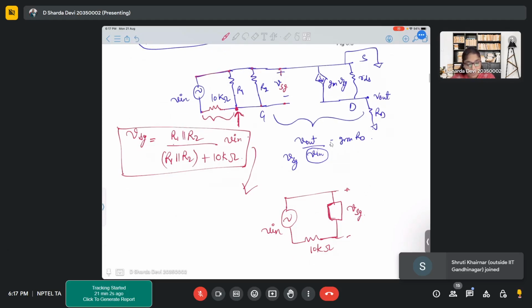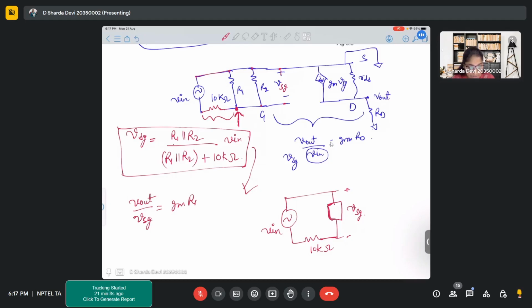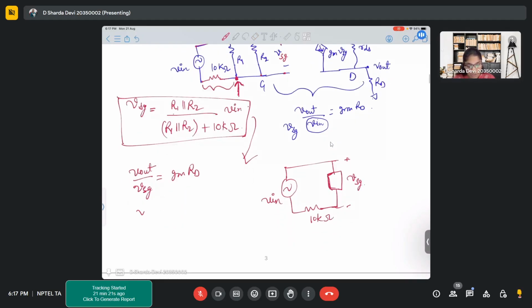Okay. So basically, when we say V out by VSG, it is GM into RD. Sometimes this VSG is actually your Vin, so your gain remains GM into RD. But in this particular case, as we have already observed, our VSG and Vin are not equal.